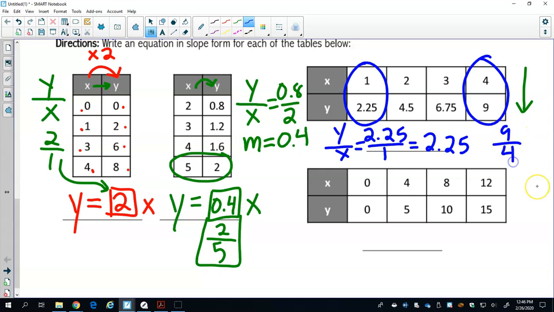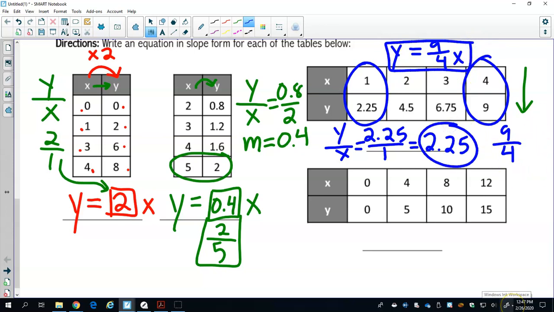That's going to be the best if you're going to graph it to get your slope. So that means our equation is y equals 9/4 x. But keep in mind, you could also have used 2.25x.